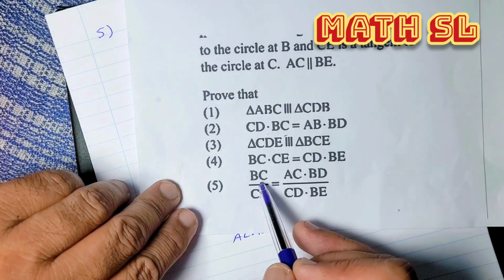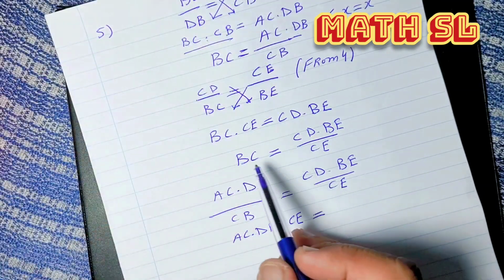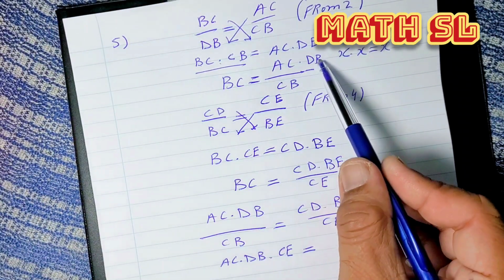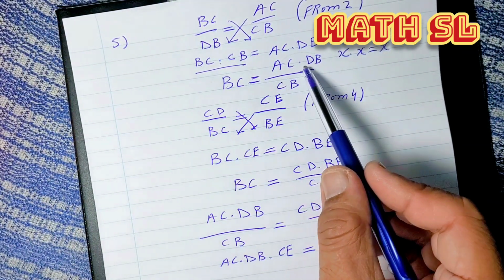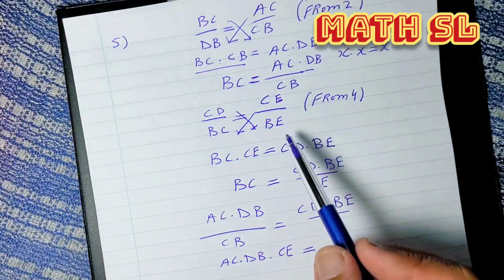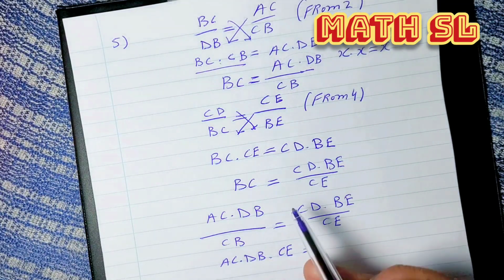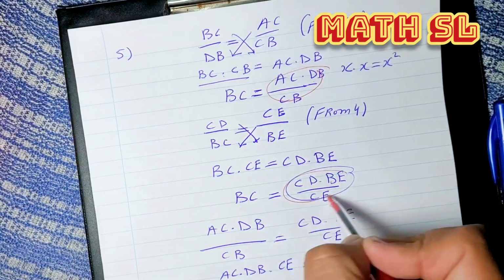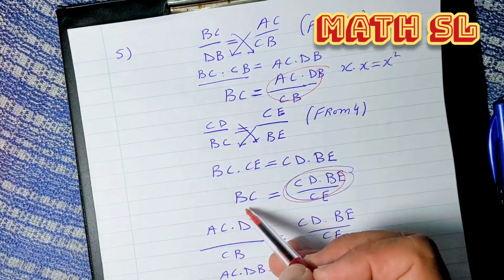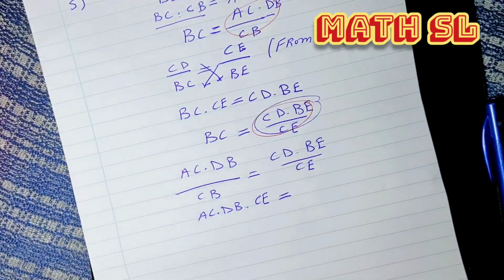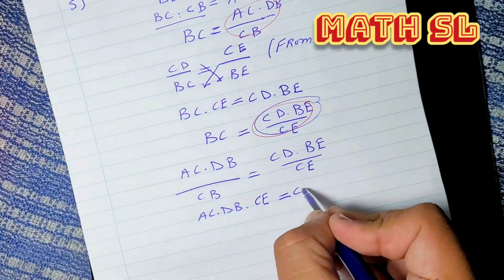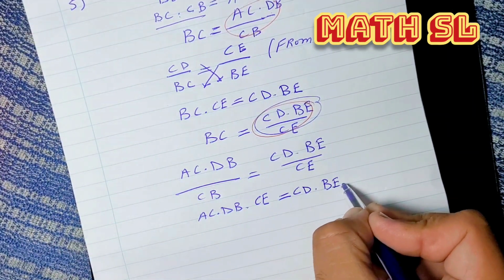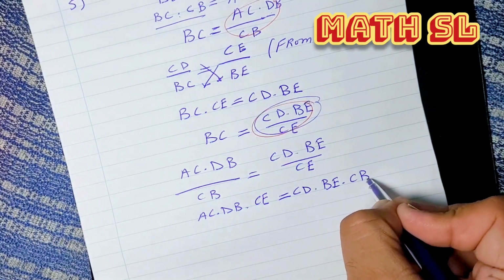When we isolate BC, we come up with these two expressions, and they are both equal to BC. That's why we equate. So now this is going to be CD times BE times CB.